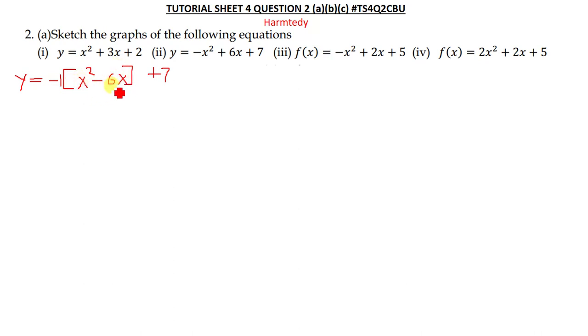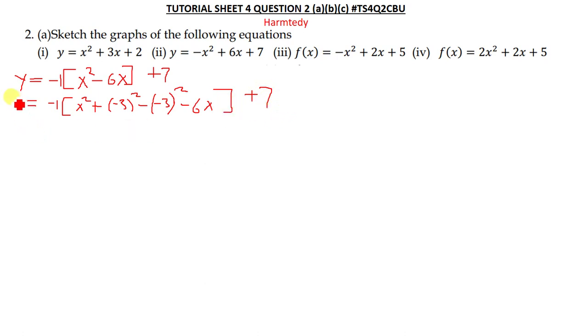So we find half of 6x, with -1 outside, and half of 6 is 3, so we say plus -3 squared, minus -3 squared, then minus 6x, then we close the brackets, then plus 7.